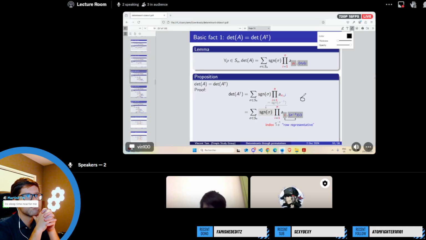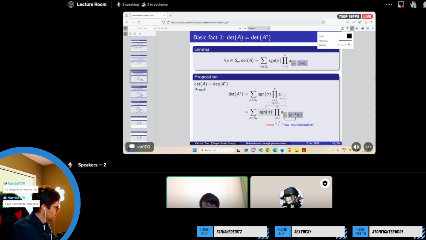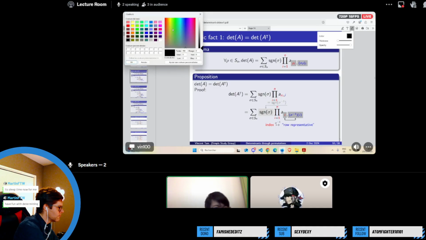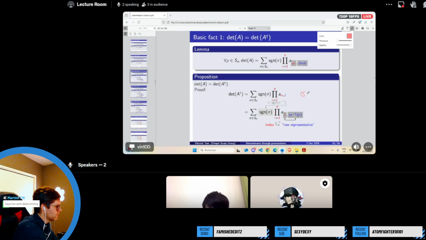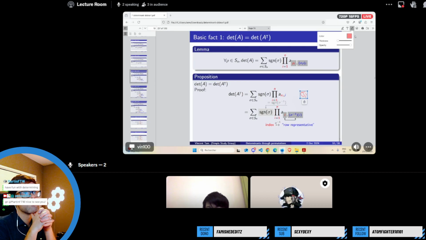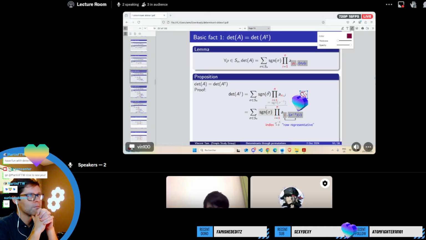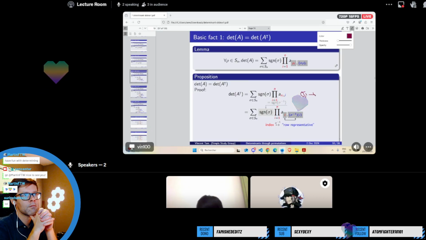Okay, here if you see something like sigma I to I, you can imagine that the row index is like, oh no, I should have chosen the red color for the row index. Give me a second. From sigma I, we have... oh wait.